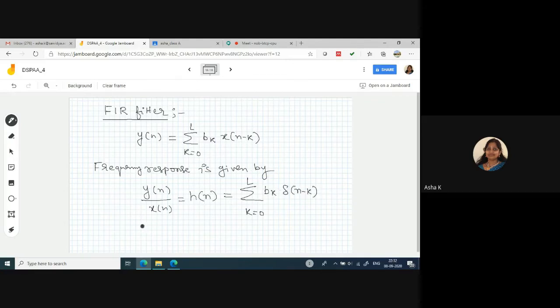So if we write the frequency response, h of e power j theta is equal to summation k equal to 0 to L of bk into e to the power minus j k theta. For this delta of n minus k, we are writing e power minus j k theta.